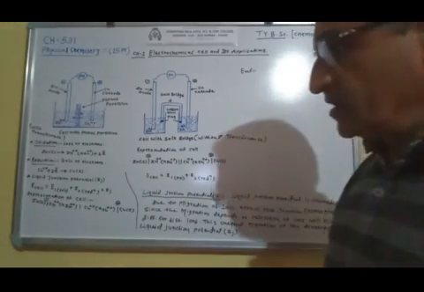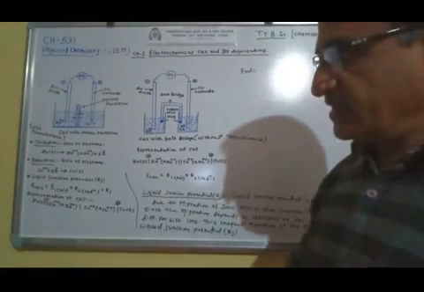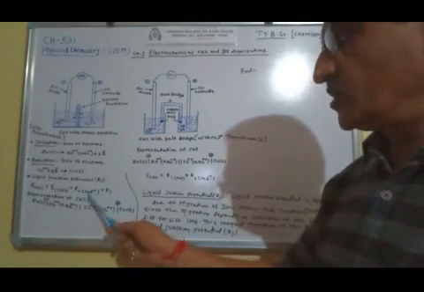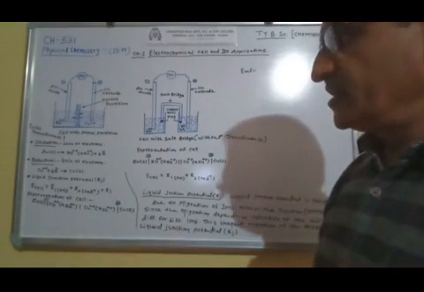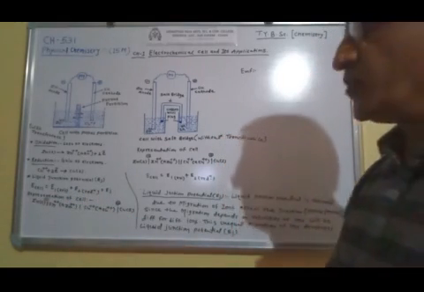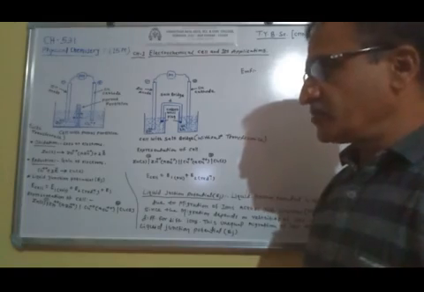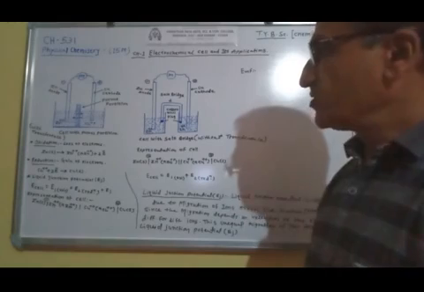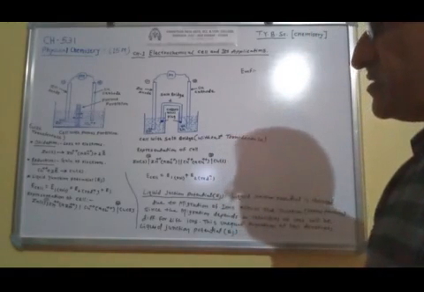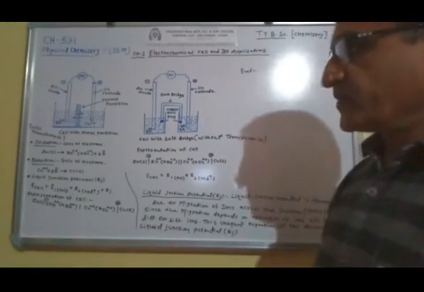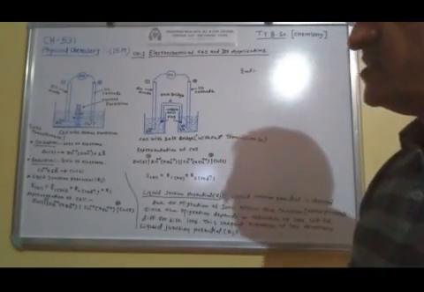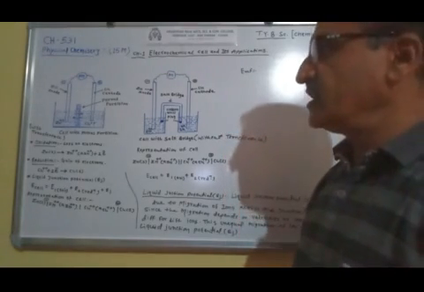When the EMF of the cell is written, E cell is equal to E1 oxidation plus E2 reduction plus EJ, where EJ is the liquid junction potential. This liquid junction potential causes a drop in the potential. So to minimize it in the cell, the porous partition is eliminated.